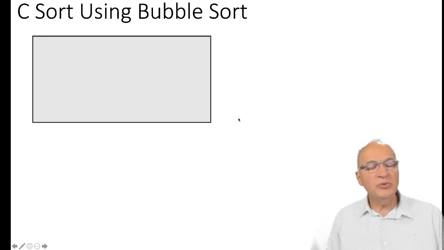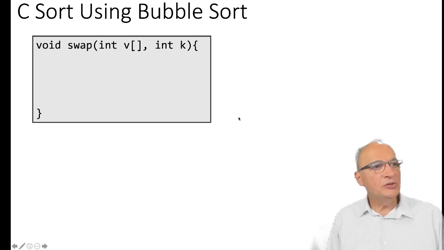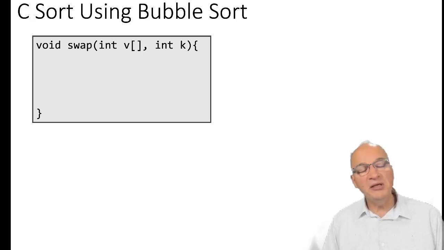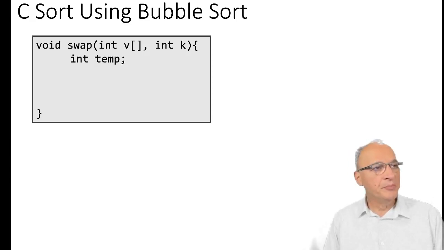We'll start with a C version of bubble sort, and to implement the C version of bubble sort, one of the things that I need is a swap function, because as I traverse the list of numbers, every time that I stop at two nearby numbers, I may need to swap the two numbers. So how do I swap two numbers?